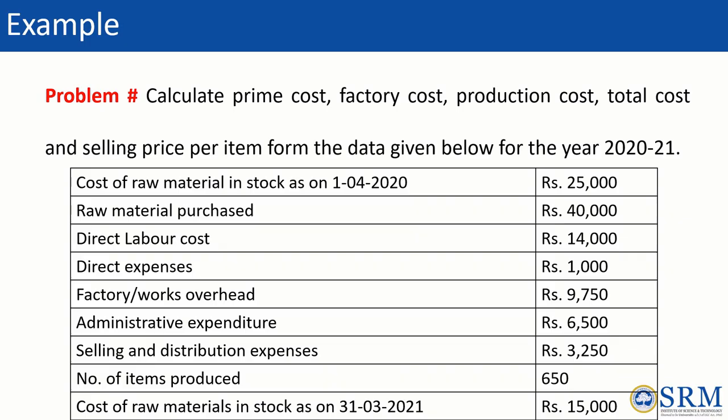The data includes initial inventory stock values, new raw material purchases, direct labor cost, direct expenses, overheads and an exact production volume of 650 items. So note that our ending inventory stock leaves us with rupees 15,000 in material assets.